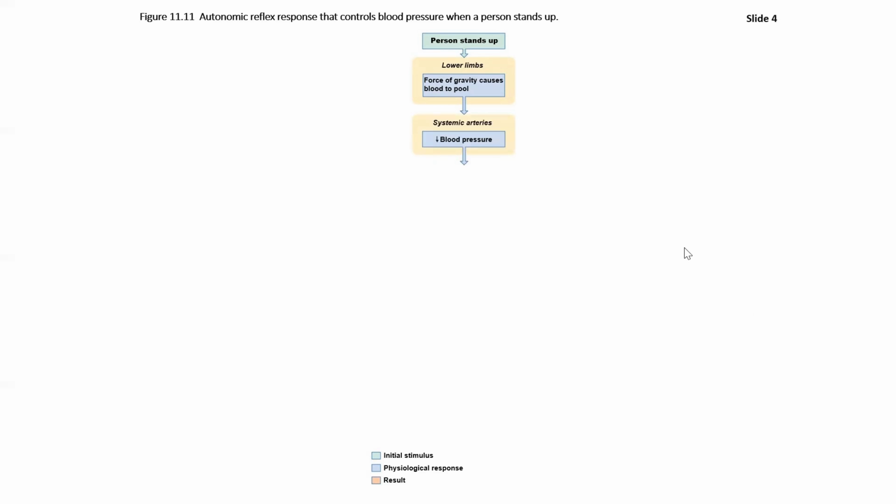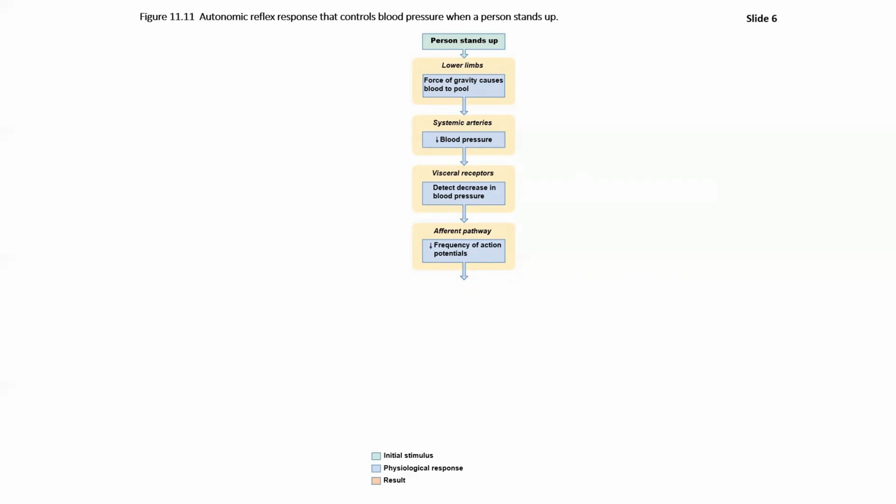So what your systemic arteries, your core arteries, your upper limb arteries, what they detect is a drop in blood pressure, right? That's kind of abnormal. They will then pick that message up on those visceral receptors that the blood pressure has decreased. They're going to send a signal on an afferent fiber, afferent pathway to the central nervous system.